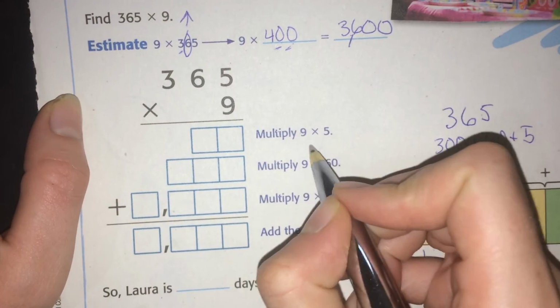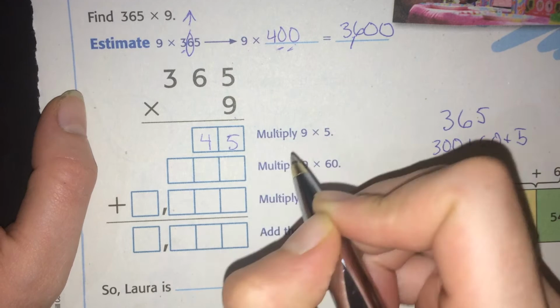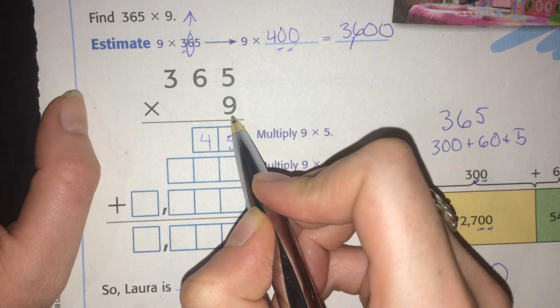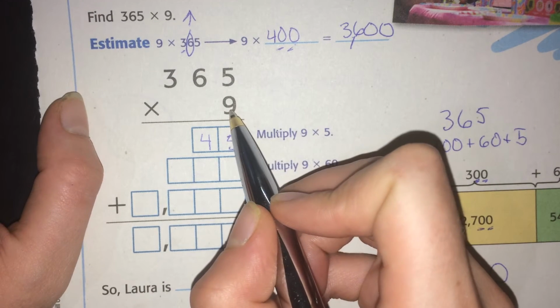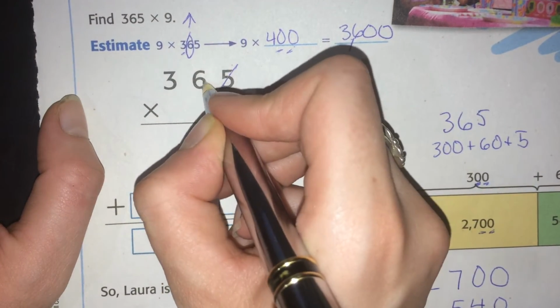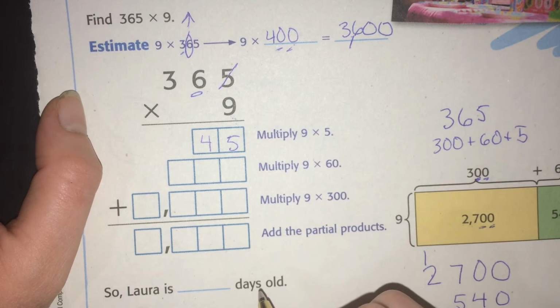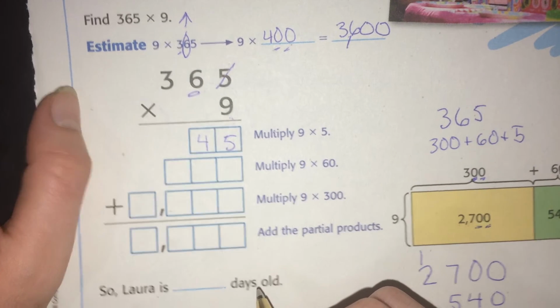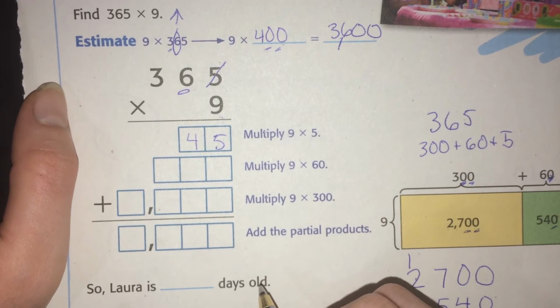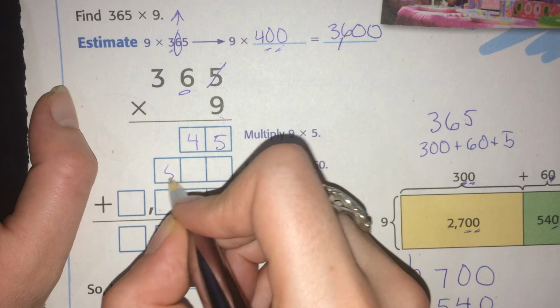Now let's take a look at this vertical multiplication. They first want us to multiply by 5. So 9 times 5 is 45. Then we're multiplying by the second number. We did this one, now we're doing this one. 9 times 6. We know from our multiplication facts that it's 54.